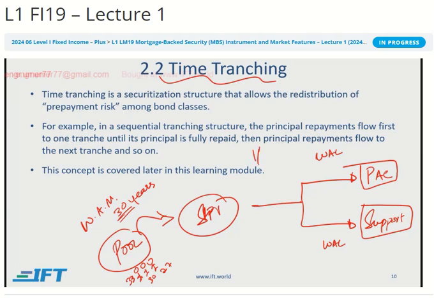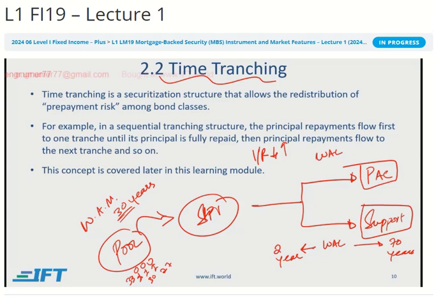If interest rates go down, people will want to prepay, and the support tranche will take all the prepayment. So this could reduce to maybe as short as 2 years. Or if the interest rates go up, then all that extension risk will go to the support tranche, and that might have your weighted average life going up to something like 70 years.